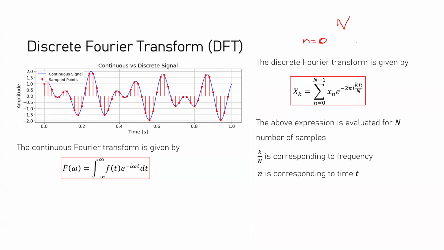Therefore, the last sample has the index of N minus 1. So here k over N is corresponding to frequency of the signal, and small n is corresponding to time t.